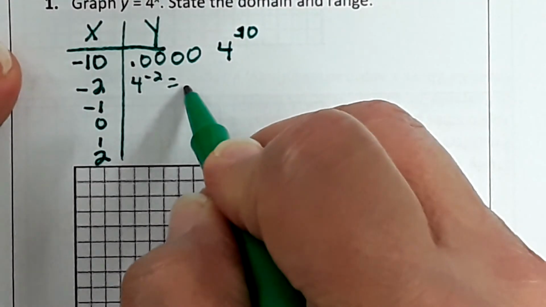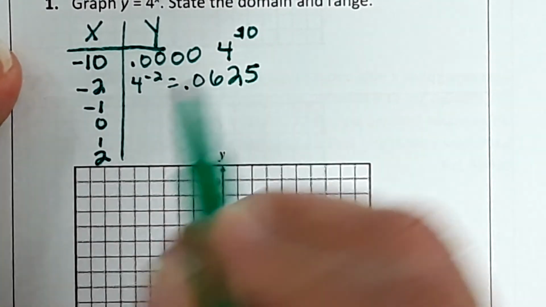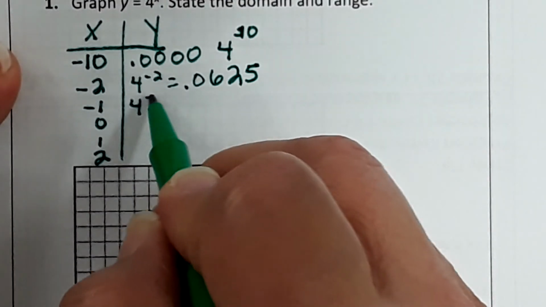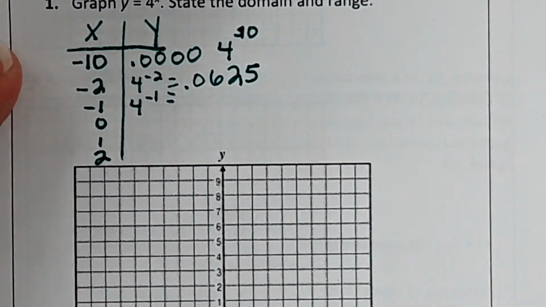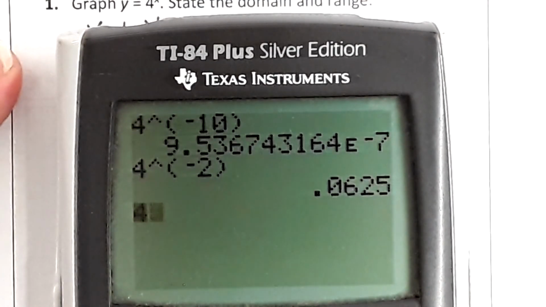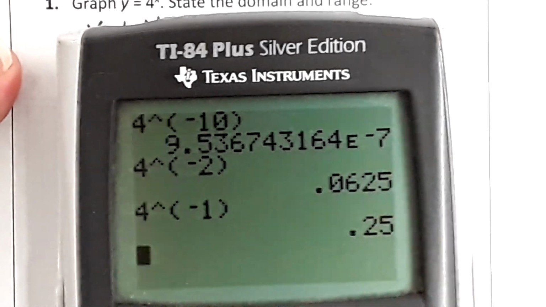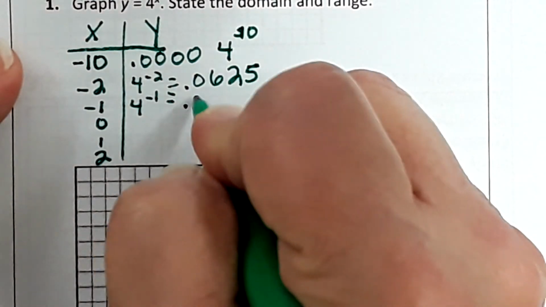I got 0.0625. Yep, that is correct. Then we're going to do 4 to the -1, which is 0.25.